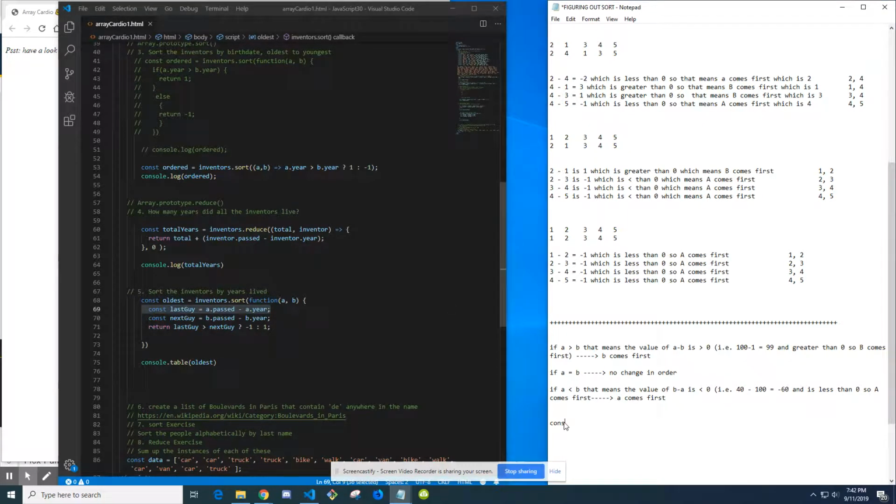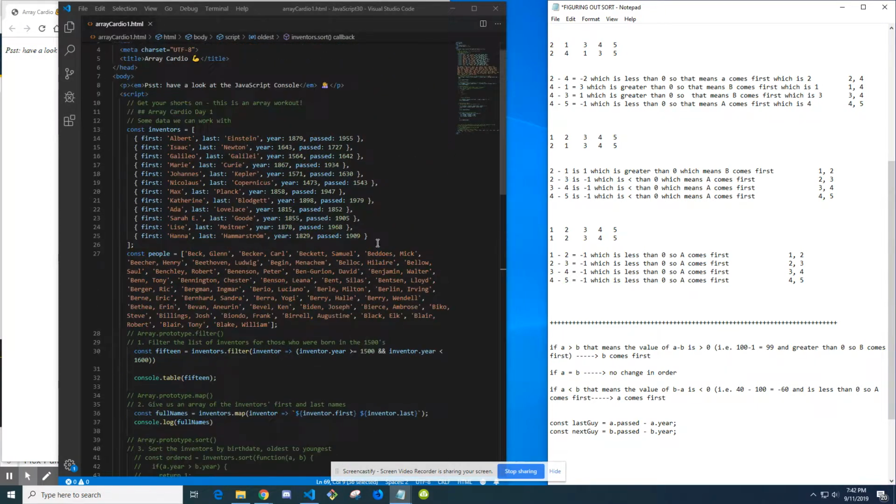We had const last guy equals A passed minus A year. And then const next guy equals B passed minus B year.